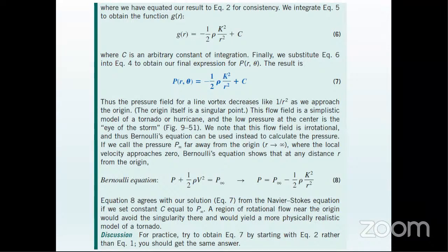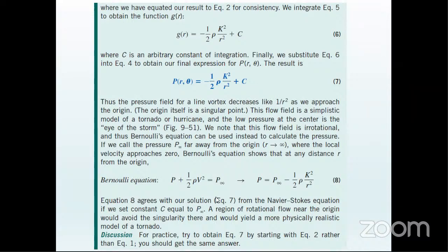The Bernoulli equation shows that at any distance r from the origin, P plus 1 over 2 times rho times V square must be equal to P infinity. So P can be represented as P equal to P infinity minus 1 over 2 times rho V square.